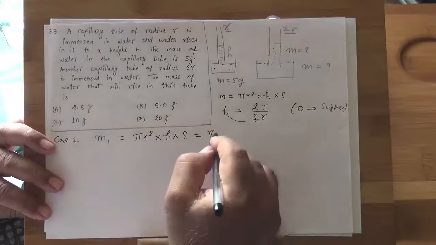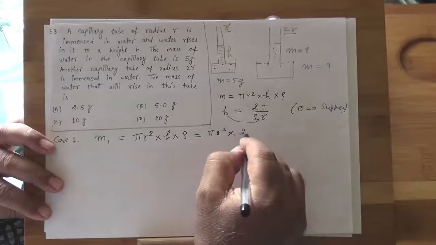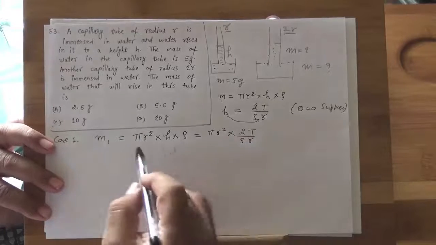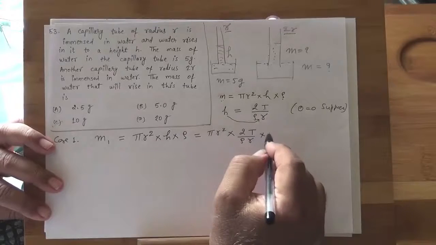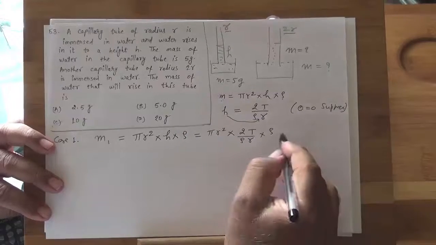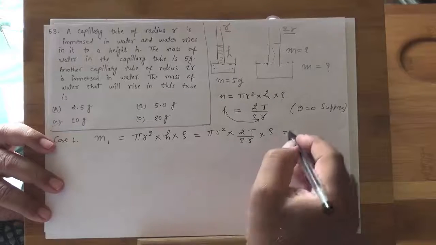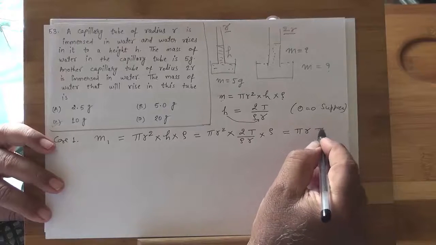Now M1 is equal to pi r square into H. H is 2 surface tension upon rho into R, multiplied by rho, and this is equal to pi r t.